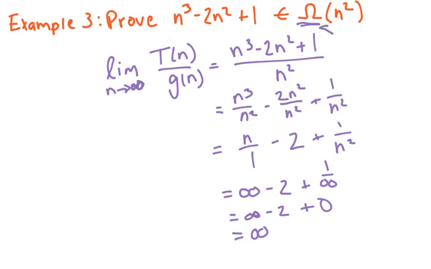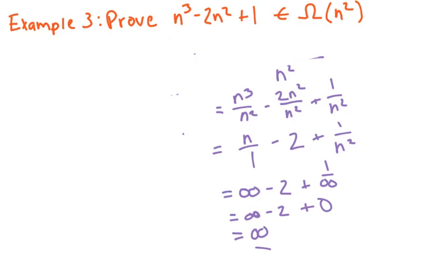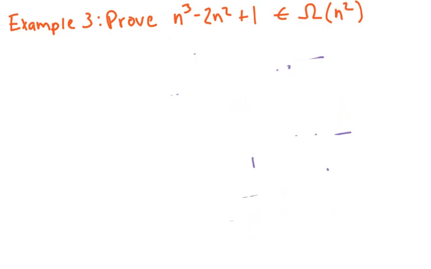So we got infinity, so that means that n cubed minus 2n squared plus 1 is indeed in big omega of n squared. Okay, so I'm going to do another example of this. There's got to be an easier way to do this, but this is kind of actually satisfying.